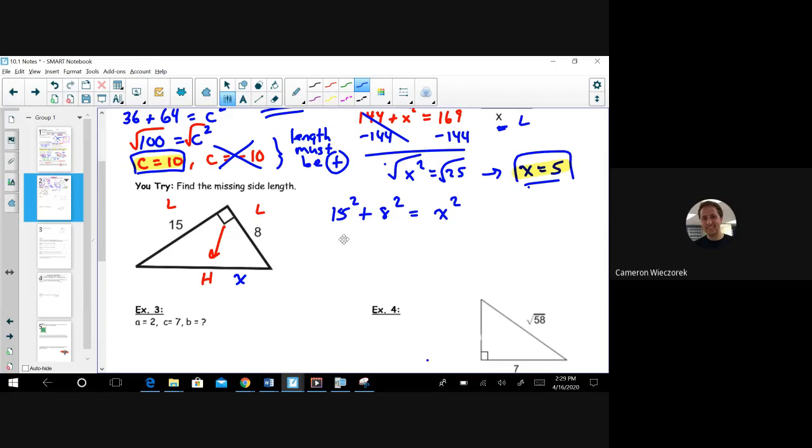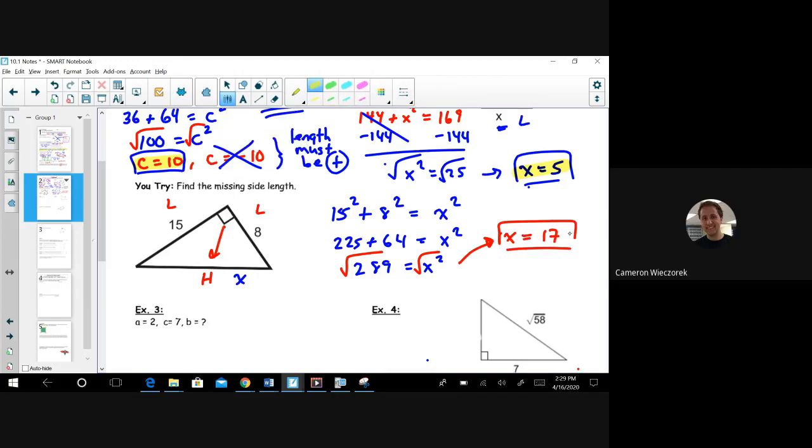And if you solve that, you would get 225 plus 64 equals x squared. So 289 is x squared. That is on our list of perfect squares. If you're still learning that list and you were to type that in and square root it, square root of 289 is a nice clean 17. So that missing hypotenuse in this problem would be 17.